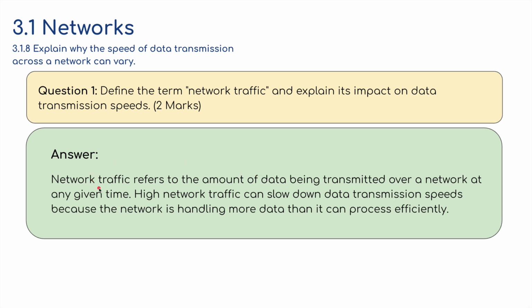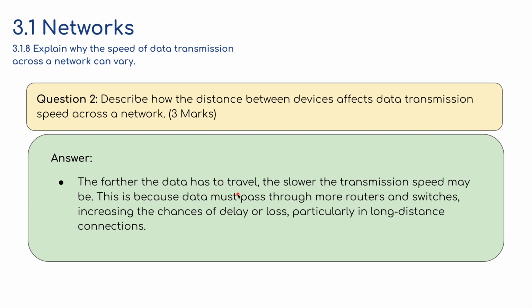So, question 1. Network traffic refers to the amount of data being transmitted over a network at any given time. High network traffic can slow down the data transmission speeds because the network is handling more data than it can process efficiently. Question 2. The further the data has to travel, the slower the transmission speed may be. This is because data must pass through more routers and switches, increasing the chance of delay or loss, particularly in long-distance connections.